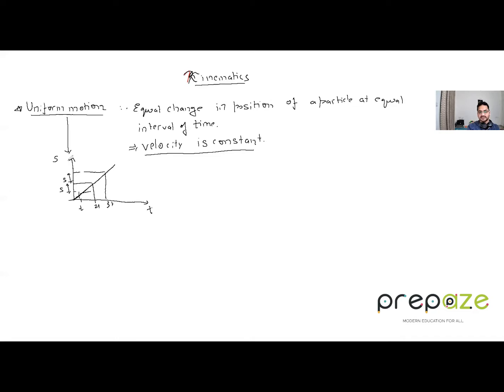That is the displacement-time graph. And how will a velocity-time graph look? Since velocity is constant, it will be a straight line like that. That is a constant velocity. So this was about uniform motion.